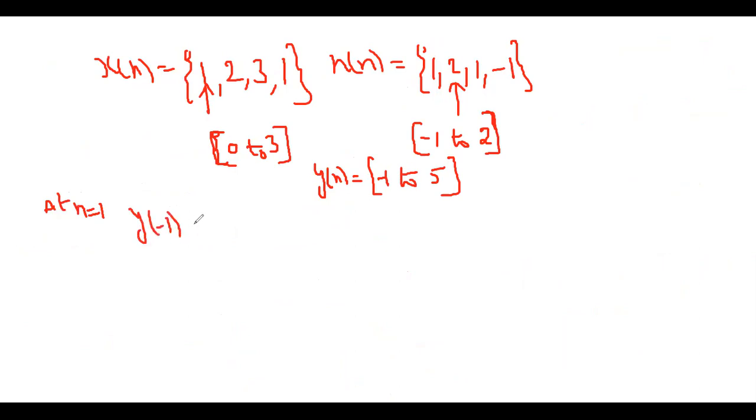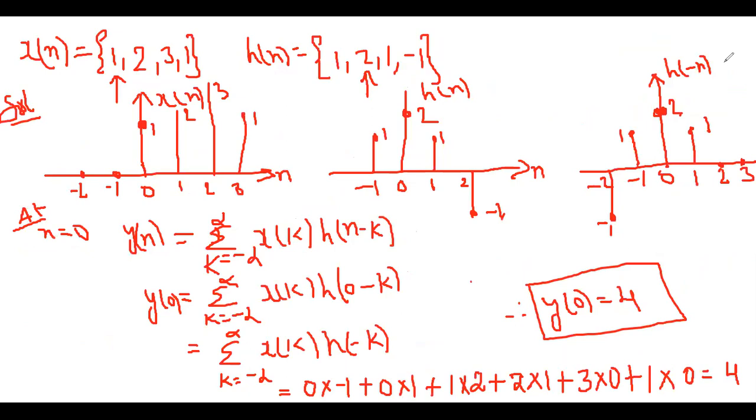The sum over k from minus infinity to infinity of x of k, h of minus 1 minus k. Minus 1 minus k means h of minus k. This is h of minus n. This value is shifted towards the left side, my dear students.